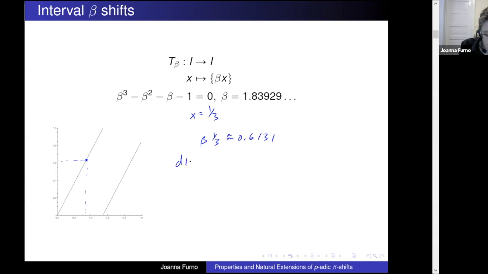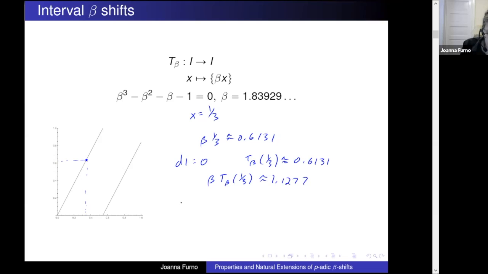And so again, we don't have any integer part, but our transformation applied to a third is going to be approximately this, and then we can multiply again. And we're going to get something that's approximately 1.1277.